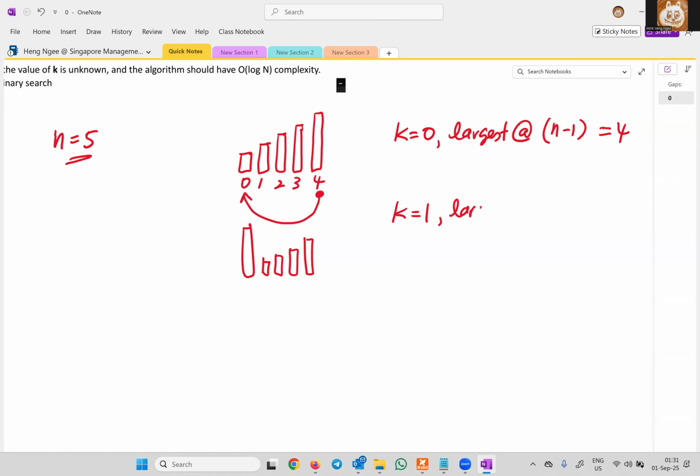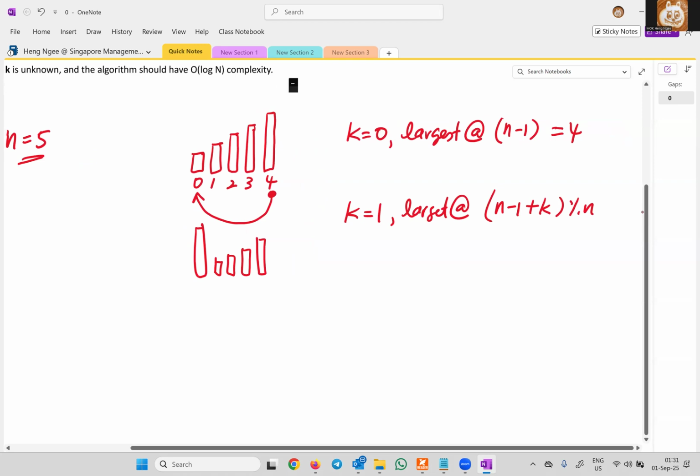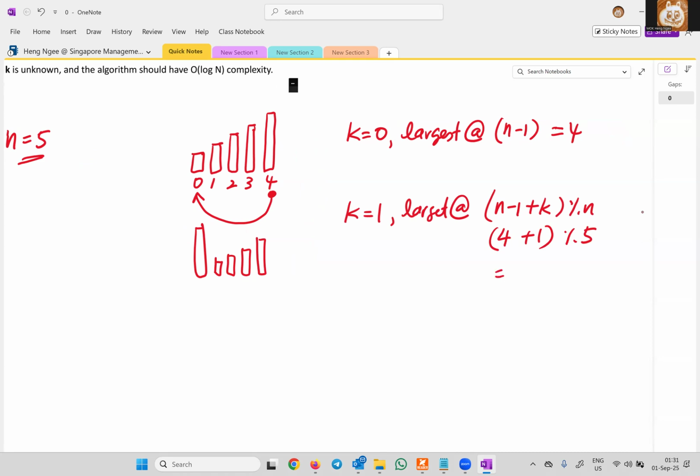The largest is now at the original position, n minus 1, plus k, mod n. Think about it. So in this case, I have 4 plus 1 mod 5, which is 5 mod 5, which is 0, position 0.